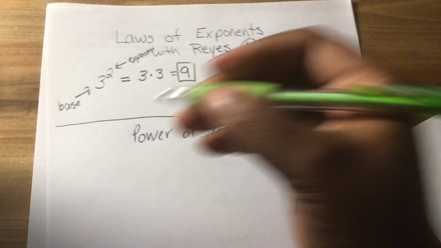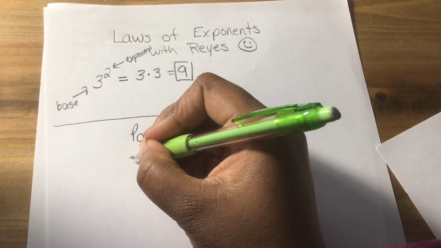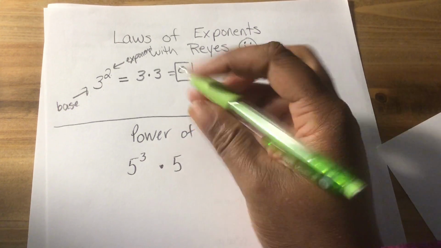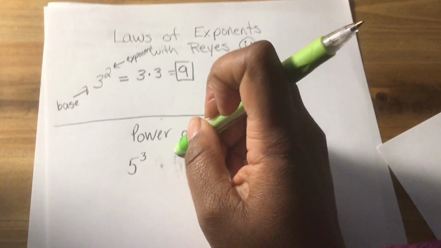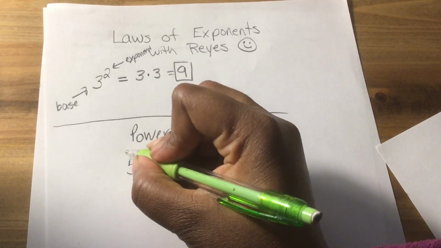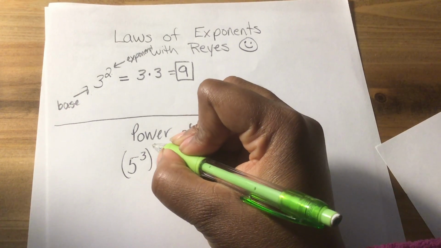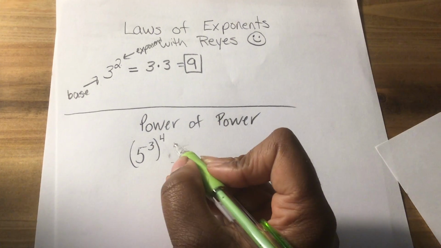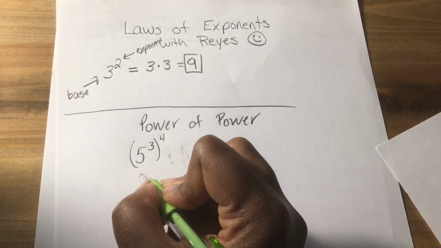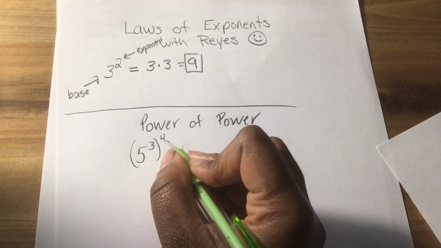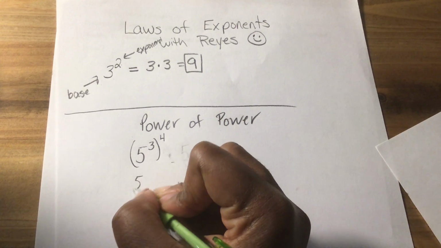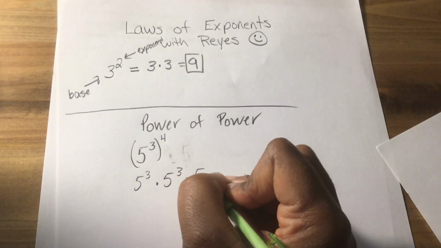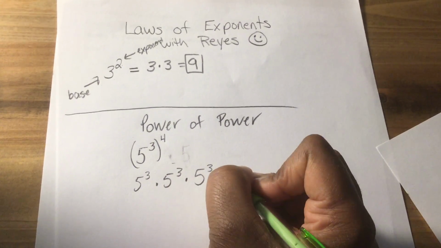power of a power. So if I have, let's say, 5 to the third power, to the fourth power. A way to write this is to say, look, the expanded form of this is 5 to the third, 4 times. So that's 5 to the third times 5 to the third times 5 to the third times 5 to the third.